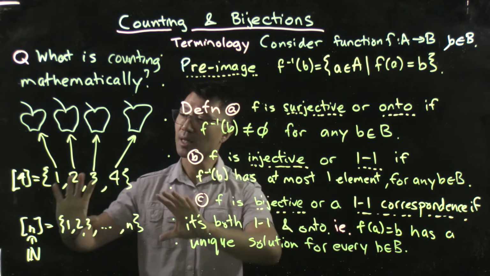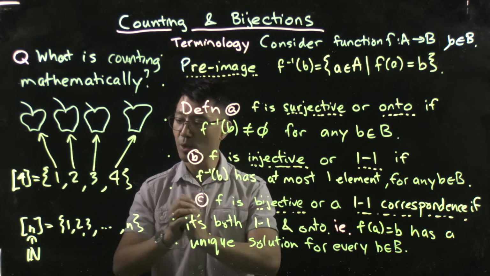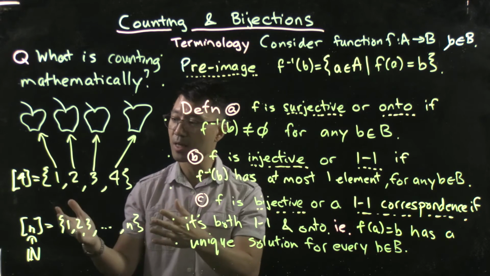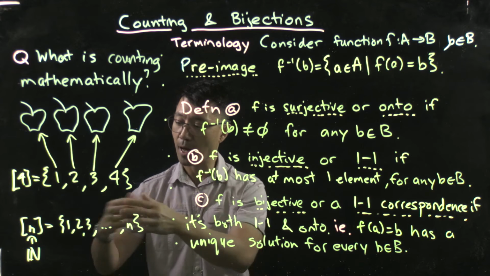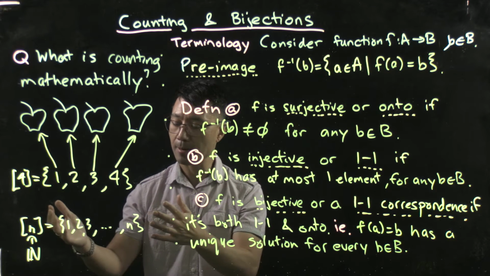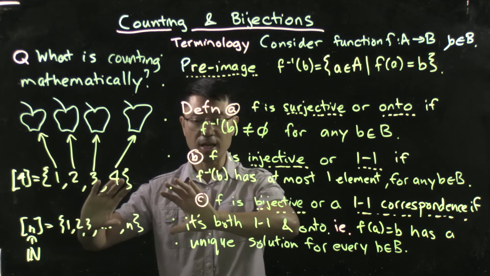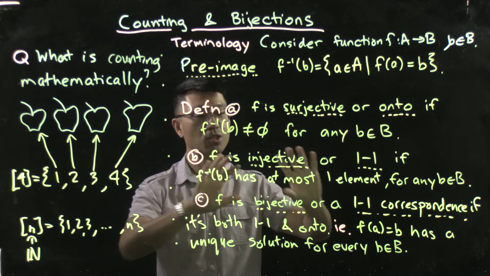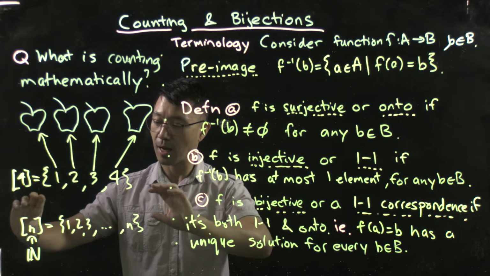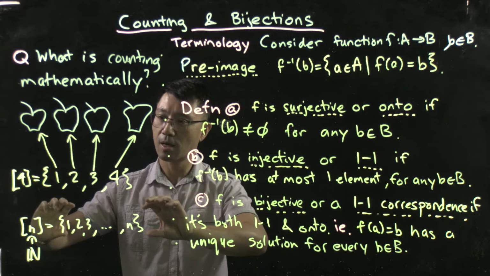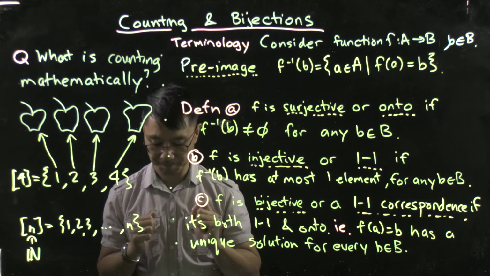Basically if you have a set, you want to count it, and you want to say there are n elements in there, whatever n is, whether it's 4 or some other natural number, then what you need is a bijective function from this set here, like this, to the set that you're counting.